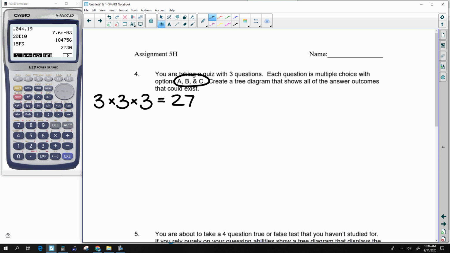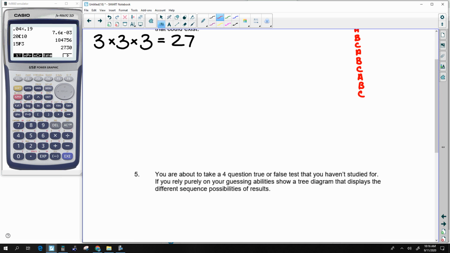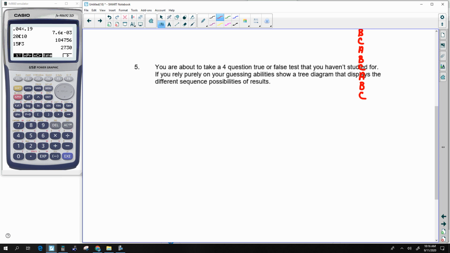Here I have to write really small in this case. So 27. Here we go. 1, 2, 3, 4, 5, 6, 7, 8, 9, 10, 11, 12, 13, 14, 15, 16, 17, 18, 19, 20, 21, 22, 23, 24, 25, 26, 27.